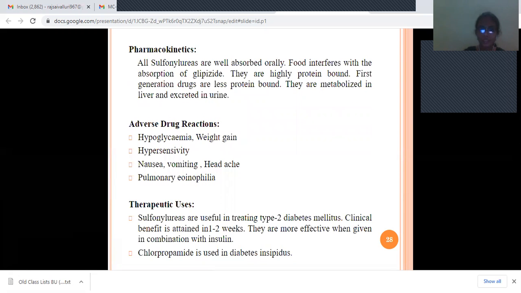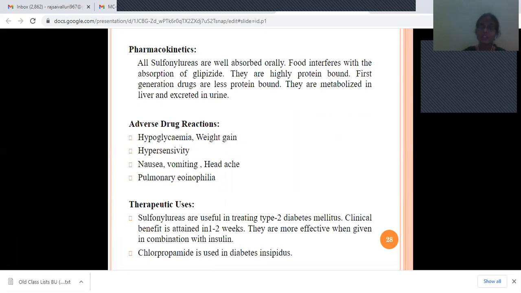And the pharmacokinetics: it is well absorbed orally, but food interferes with the absorption. They are highly protein bound, while the first generation drugs are less protein bound, and they are metabolized in the liver and excreted in the urine.